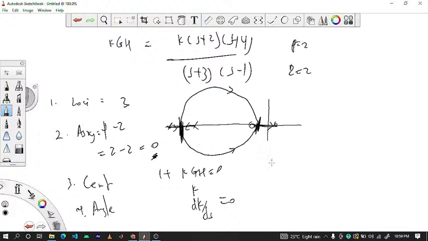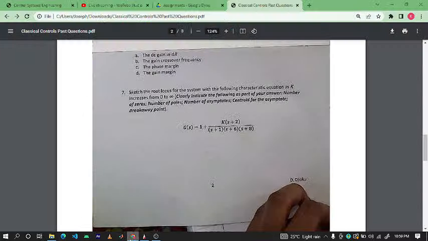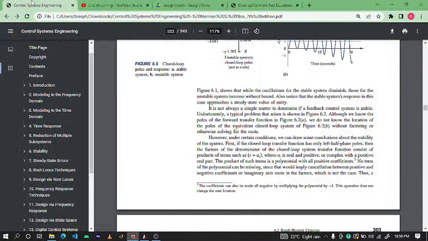From your rough sketch, you can now know the one that's your break-in point. Break-in means where they arrive at when they break away. You can find your break-in point, also find your breakaway point. Okay. So that's it. You can evaluate it. Yes. So that is how you go about the root locus.